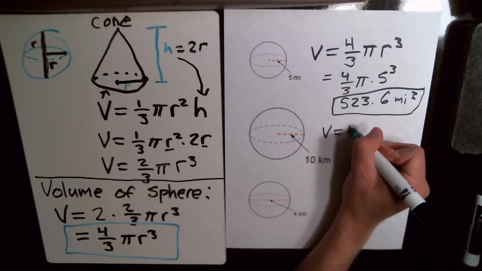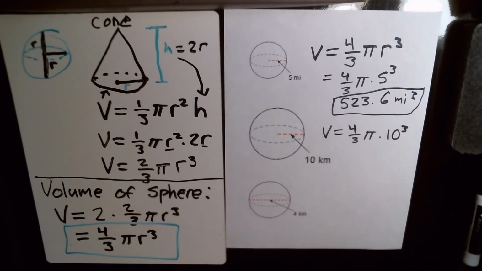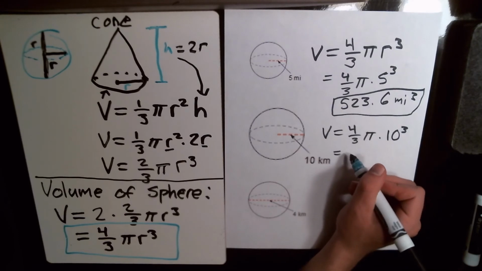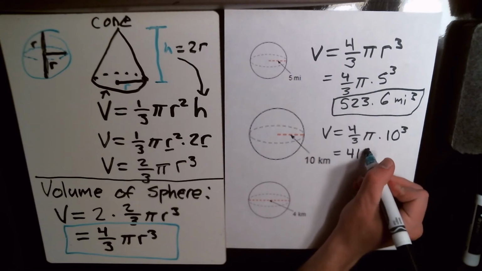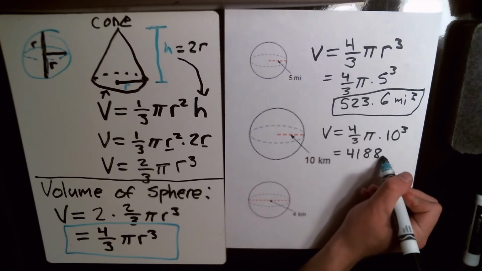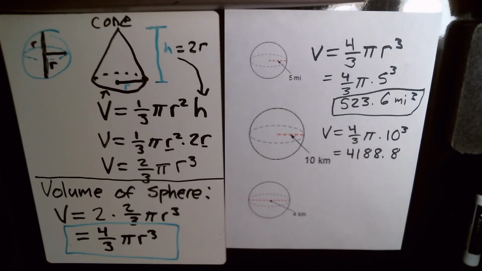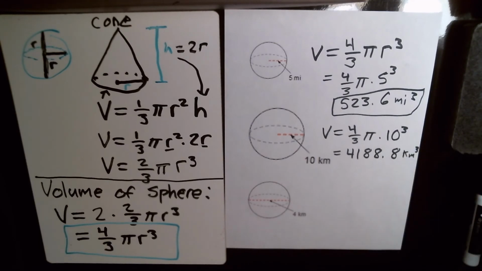So we plug in 10 for the radius and then throw that in the calculator. You notice spheres are really nice because there's only really one measurement you have to worry about, and that's the radius. Okay. So this is 4,188, and it's 0.79, but I'll round it up to 0.8. So that's kilometers cubed.